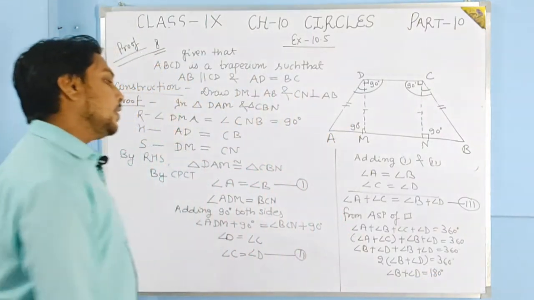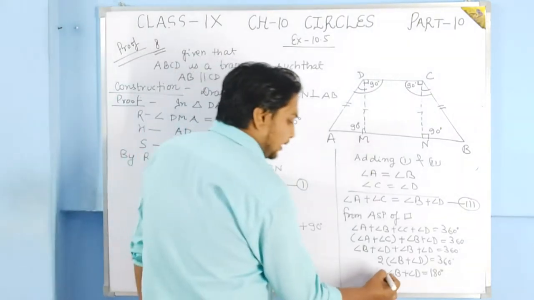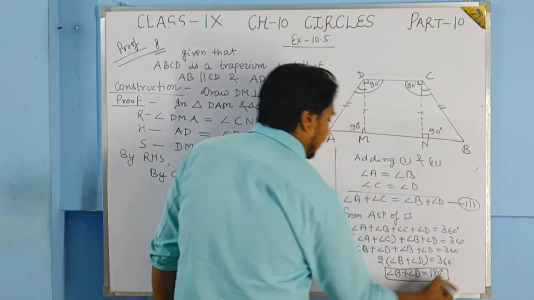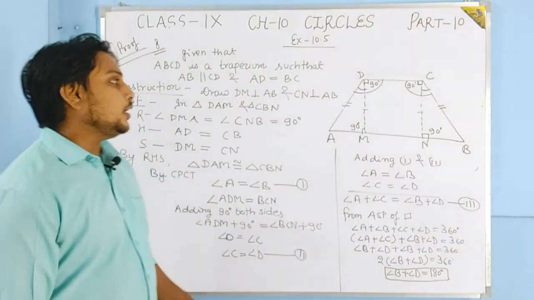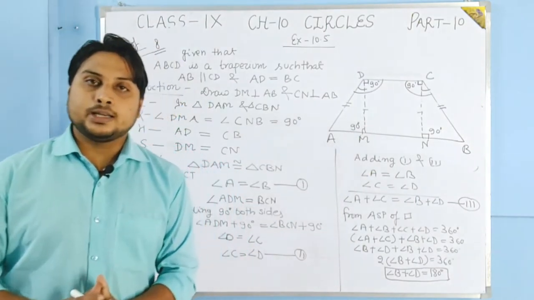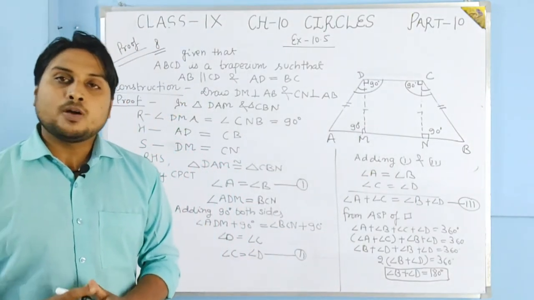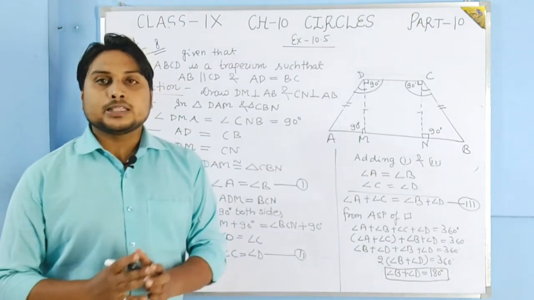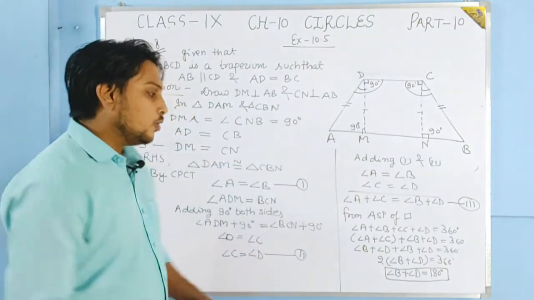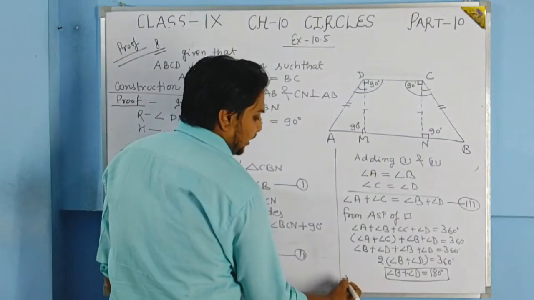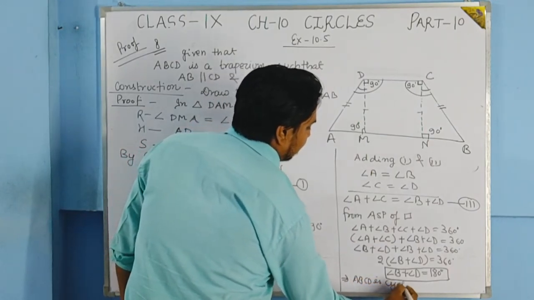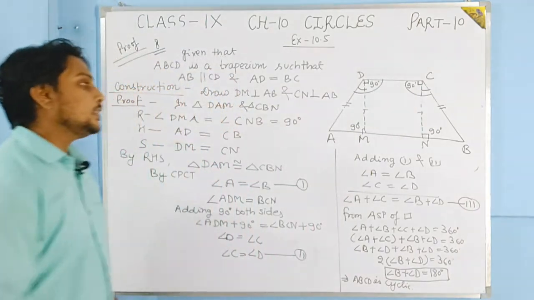Okay, so what we are getting, students, is that the sum of opposite angles of a quadrilateral is 180 degree, and we know that if the sum of opposite angles of a quadrilateral is 180 degree, then that quadrilateral must be cyclic. Then this will imply that ABCD is cyclic.